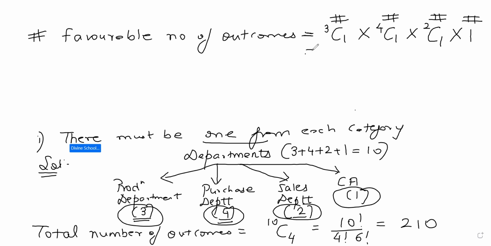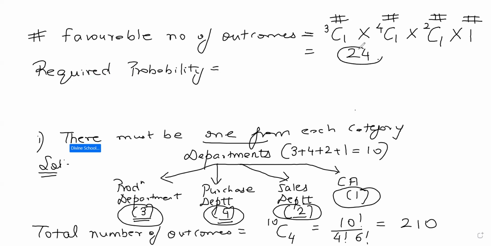So if you calculate this now, you can work this out yourself. Students by now should know how to work out the combinations. You should have watched my lectures on probability theory by now before attending this practice lecture. Okay. So when you solve this, you get the answer as 24. So my required probability for part 1 is favorable outcomes 24 upon total number of outcomes 210.